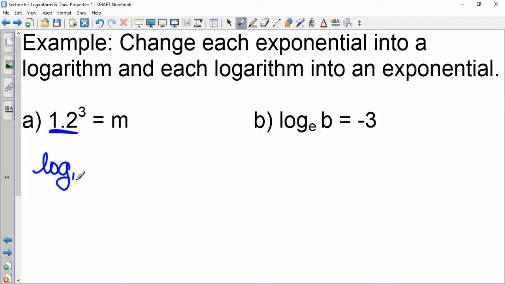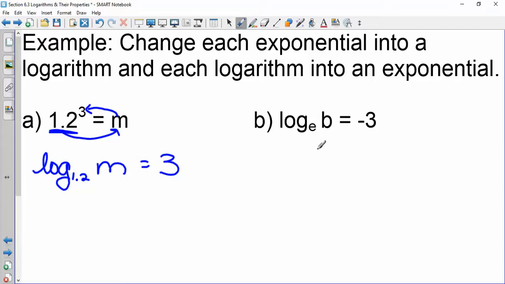So it's log base 1.2, and you just go across the equal sign, of m equals 3. The answer to a logarithm is telling you the power. It's saying 1.2 to what power would make it equal m.